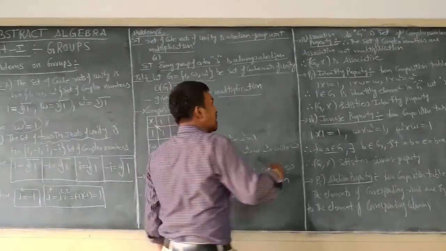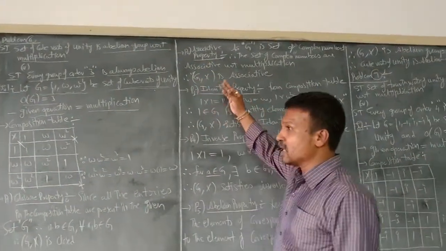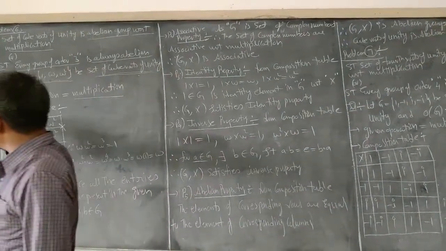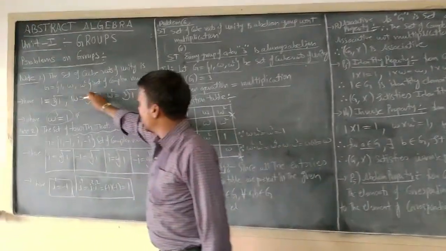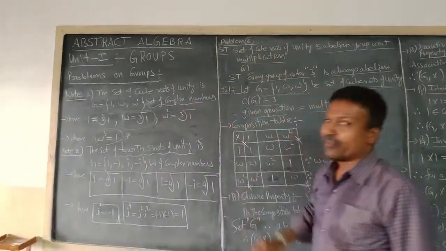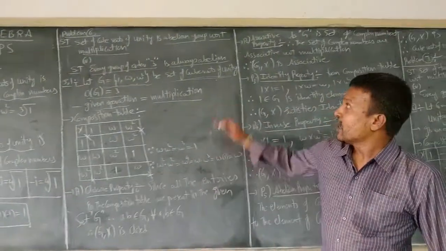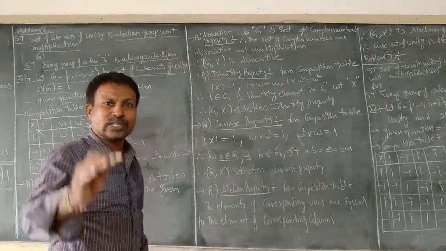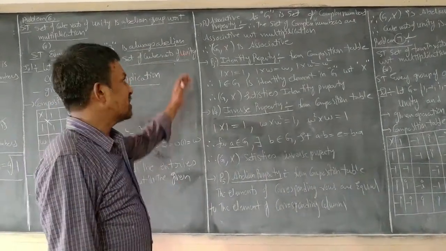Now let us enter into the second property, that is associative property. As I have written in the important note here, 1, omega, omega square are complex numbers. So we know that the set of complex numbers satisfies associative property with respect to multiplication.